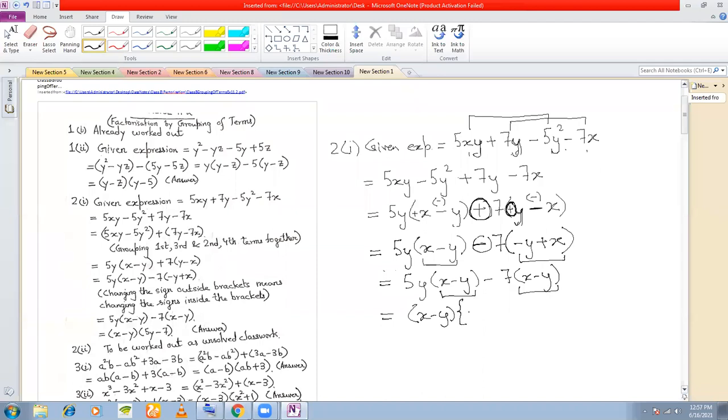From 5y into (x minus y), you're taking out x minus y, so you're only left with the 5y. And from 7 into (x minus y), you're taking out x minus y, so you're simply left with a 7. Now you convert to normal brackets. Okay. So I hope this is clear.